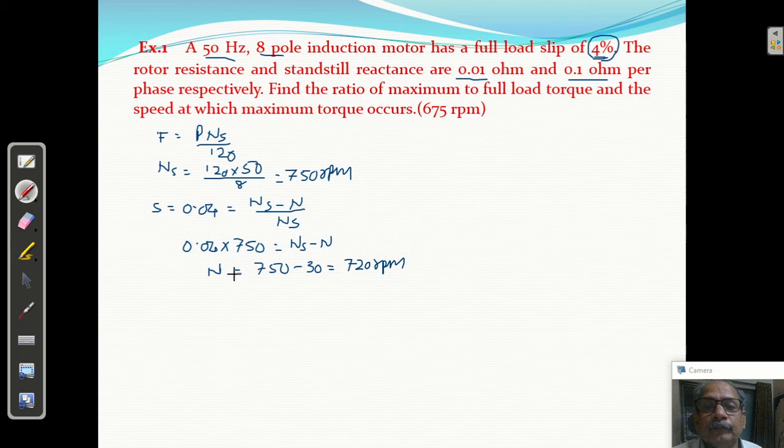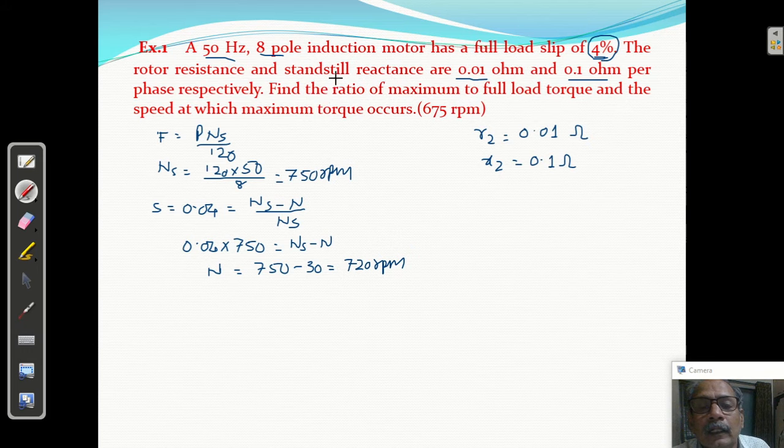This is the way of calculating the actual speed. Now the next part: I have been given the rotor resistance R2 and rotor reactance X2 equal to 0.01 ohm and 0.1 ohm respectively. These two data are given per phase.